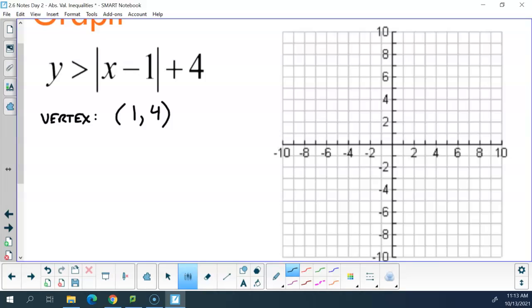So that's this point right here. What is the slope of the right side of our V? 1, which means the slope of the left side is negative 1. Is this a solid or a dashed absolute value?